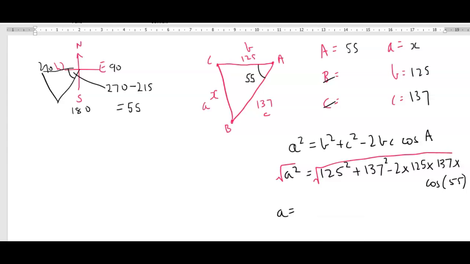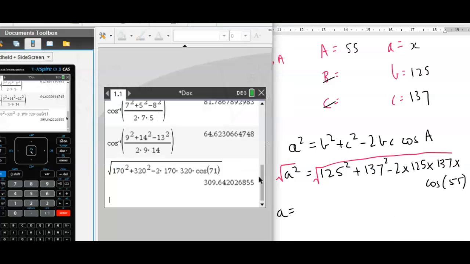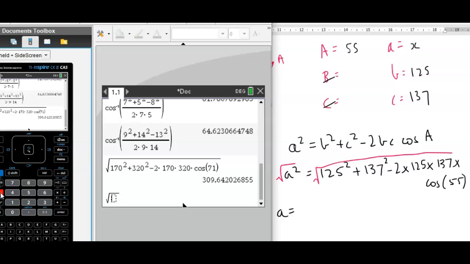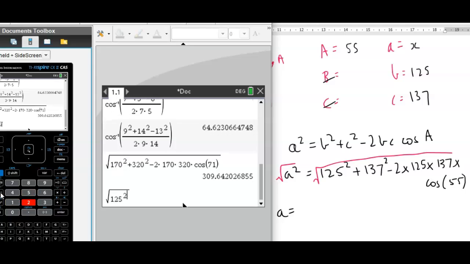Okay, so get the calculator up. Come on, calculator. Okay, so square root 125 squared plus 137 squared minus 2 times 125 times 137 times cos 55.